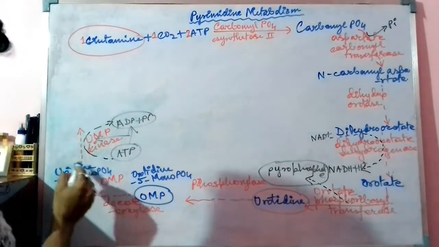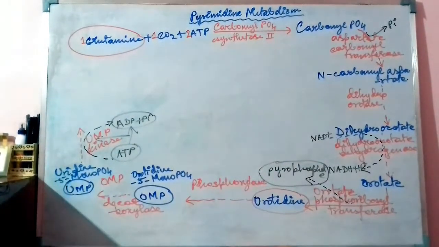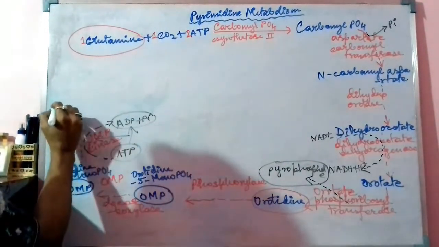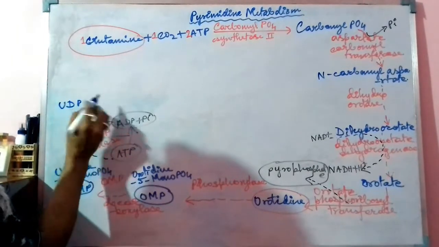To convert this uridine 5 monophosphate to uridine diphosphate.